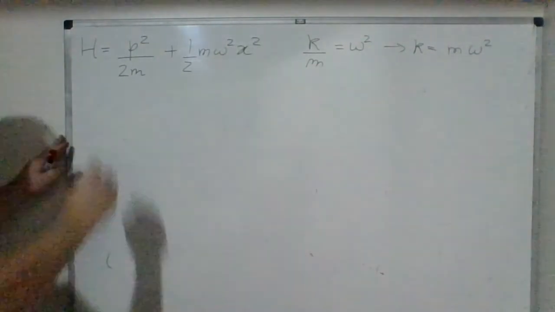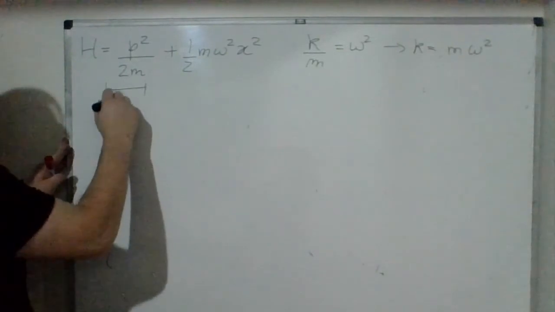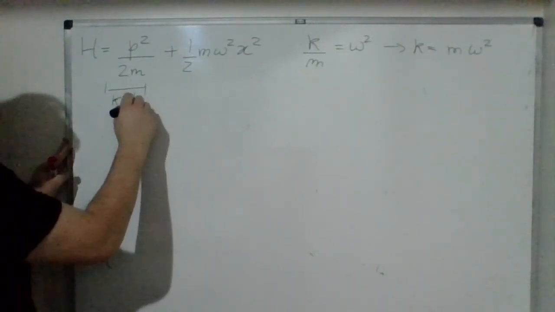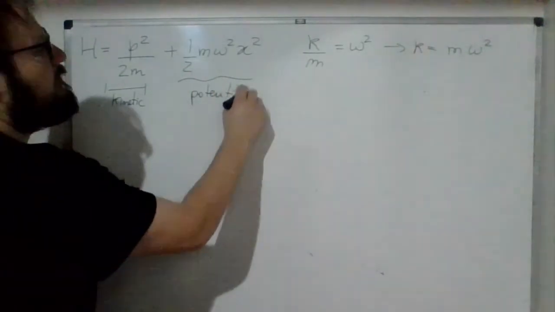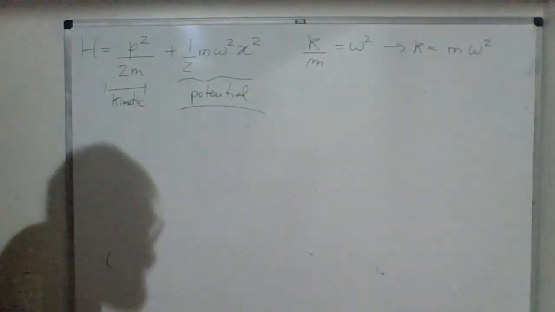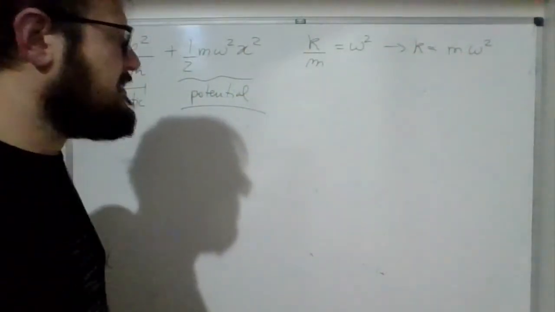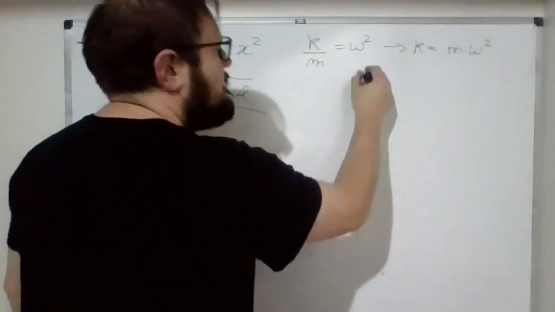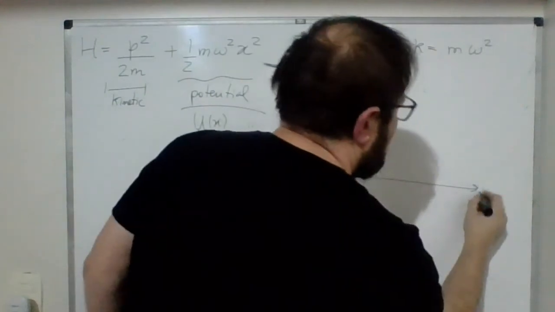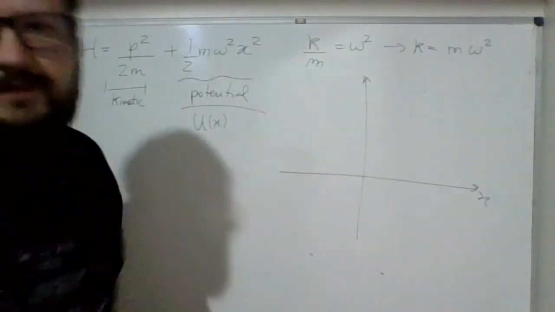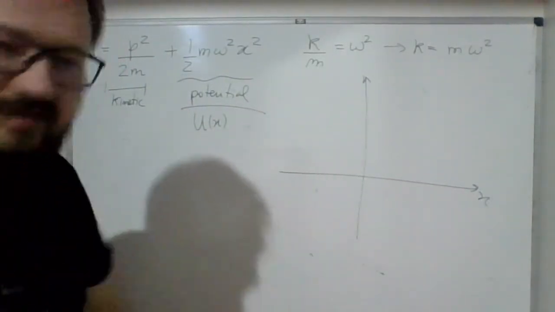All right, this is kinetic energy, and this is potential. If you plot potential energy, you'll find out U of x is a parabola. All right, it's a parabolic function.